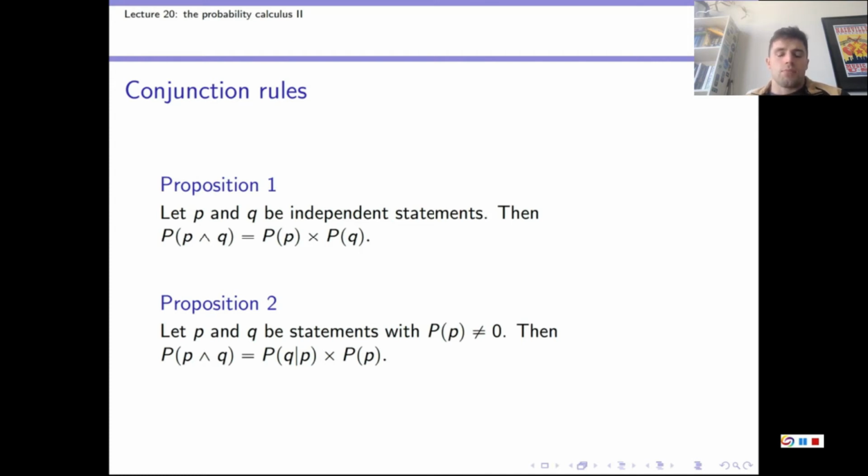Now, this isn't something we'll have to worry about in practice, because in all the examples we'll see, if we want to calculate a general conjunction without restrictions on whether the statements are independent, we will transform the problem into one that involves statements that we do know how to calculate the probabilities of. And that's something that we can do that isn't circular.